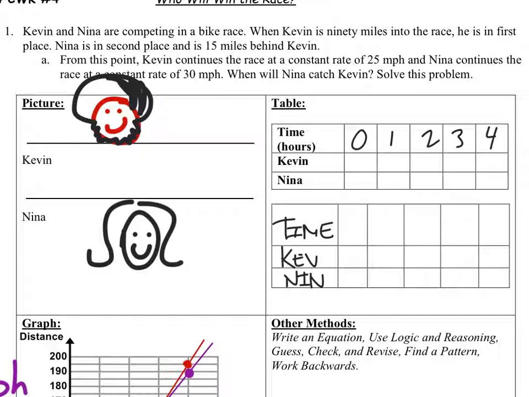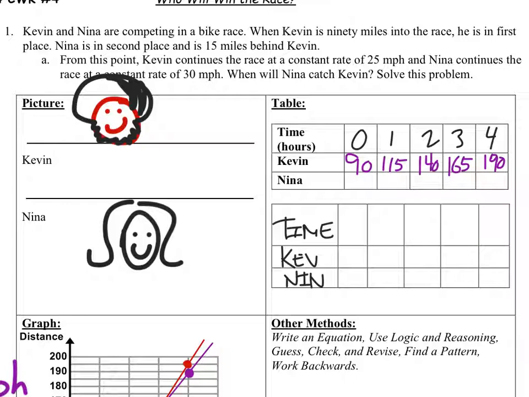So Kevin, at 0 hours, how far was he? 90 miles. And then after 1 hour, he's going to add another 25. 90 plus 25, 115. Plus 25, 140. Plus 25, 165. Plus 25, 190-ish.